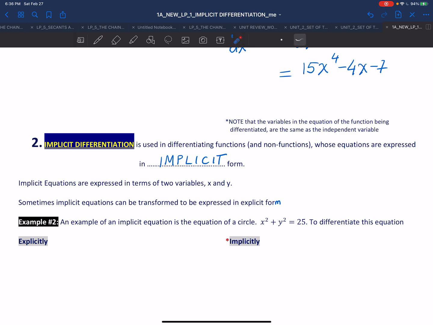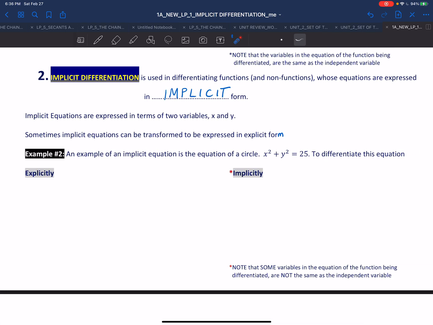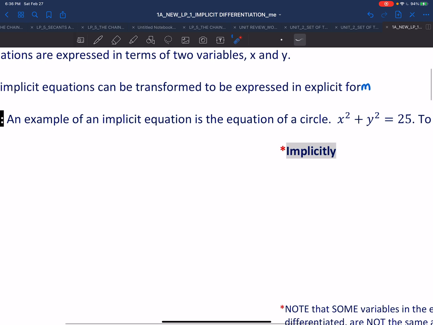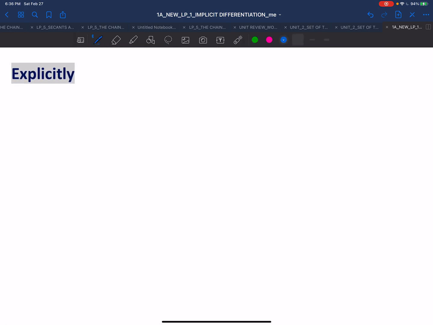As an example here, I brought the equation of the circle x squared plus y squared equals 25, and we will try to differentiate this in two different ways, explicitly and implicitly. If you want to differentiate this in the explicit form, then the equation x squared plus y squared equals 25 must first be written in explicit form, which means that we have to solve for y.